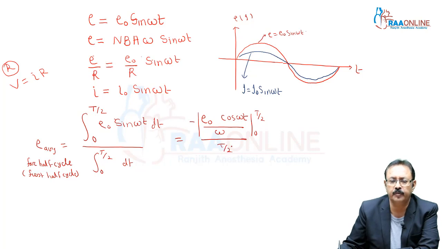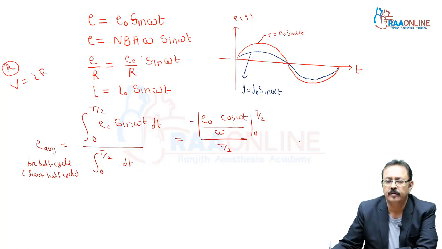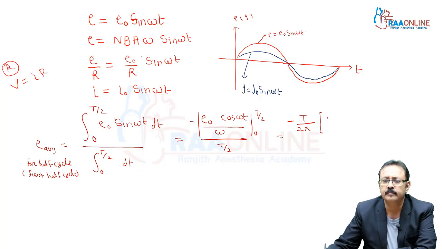In the denominator you will get T by 2. What is the value of omega? Omega is 2 pi by T. So it becomes T upon 2 pi in the numerator. Take E0 outside the bracket: cos omega t, with omega as 2 pi by T, gives cos 180 and cos 0.